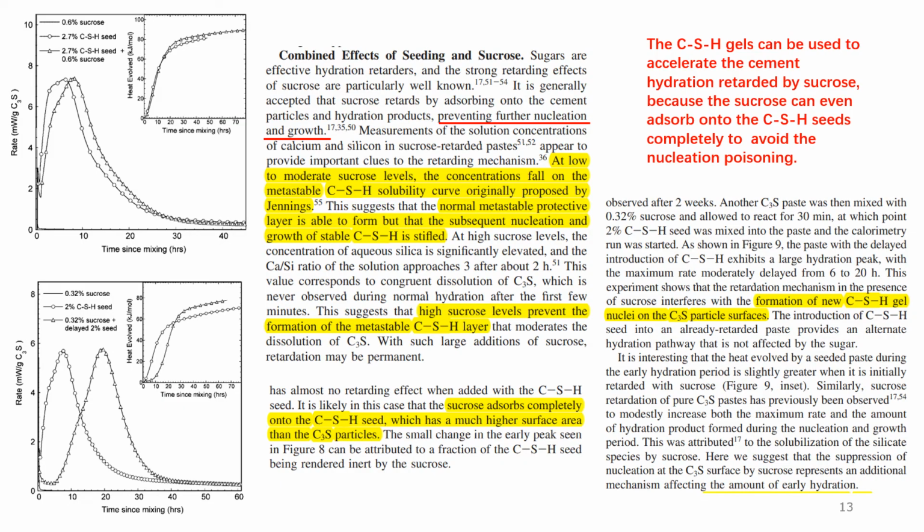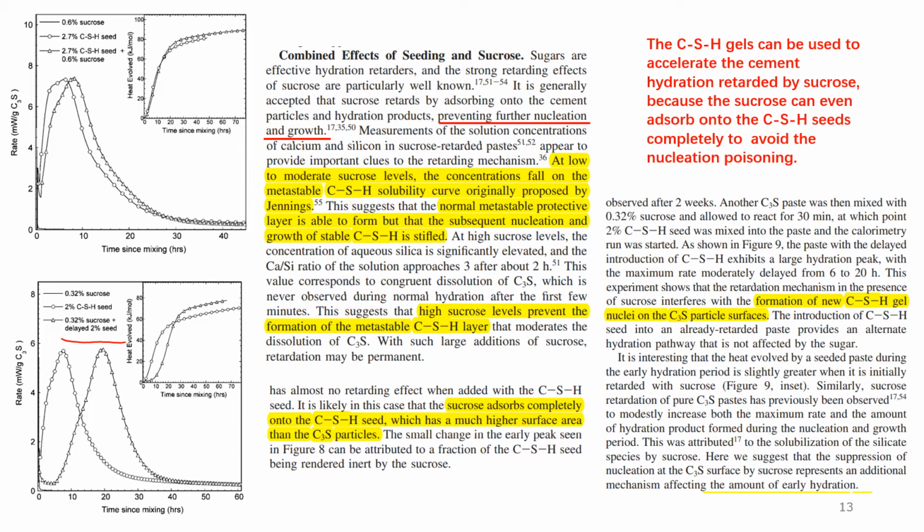In this study, CSH gels were incorporated into the cement paste to accelerate the cement hydration, and it was found that both the delayed CSH gel and the CSH gel simultaneously incorporated can accelerate the cement hydration retarded by sucrose.